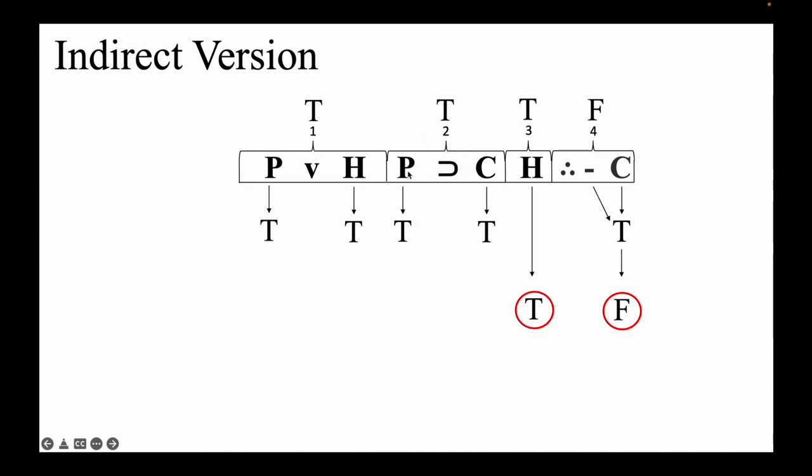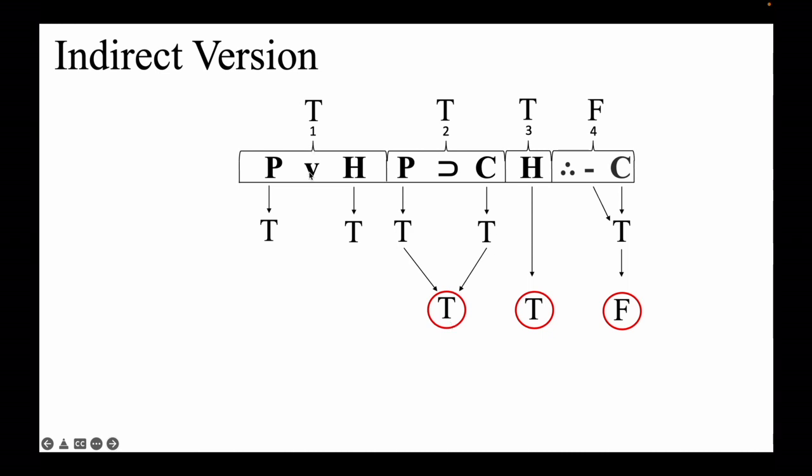So I'm going to be able very easily to confirm the truth of premise 2 because it's a conditional statement and both the antecedent and the consequent are true. That renders the statement true.